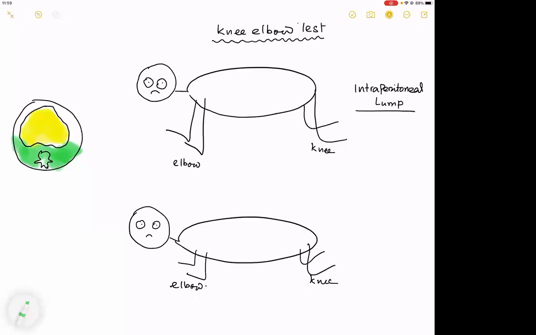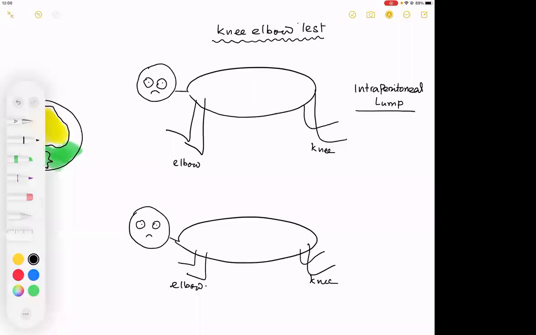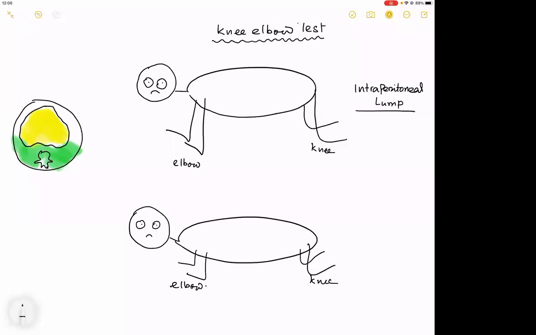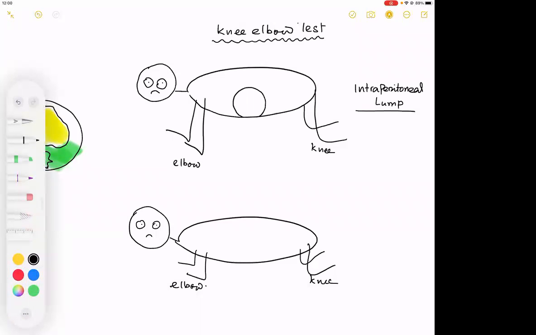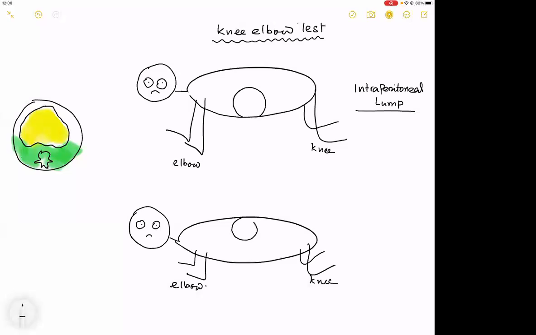If it is like this, then understand that an intraperitoneal lump is going to be more prominent and maybe mobile, but it is very difficult to see mobility in this state.